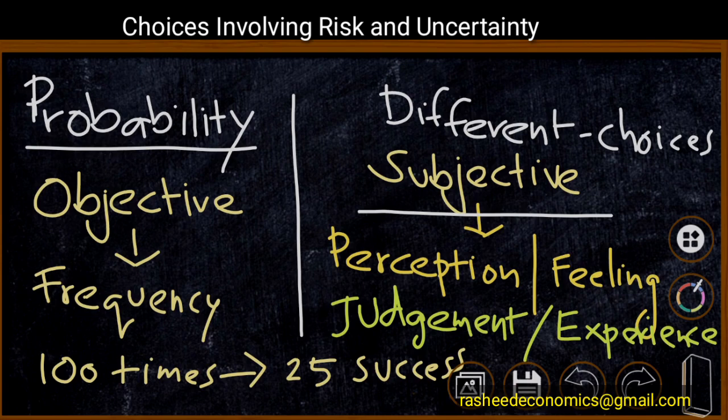We here just need to understand that there are different interpretations, that is objective interpretation and subjective interpretation of probabilities. Regardless of the interpretation of probability, we are using two other elements, that is variability and expected value, to measure the amount of risk and to compare the risky choices.